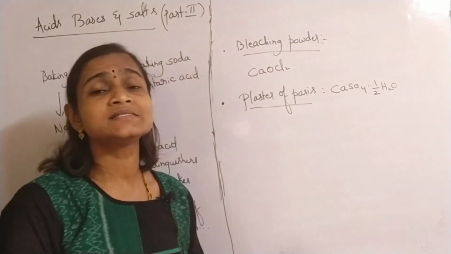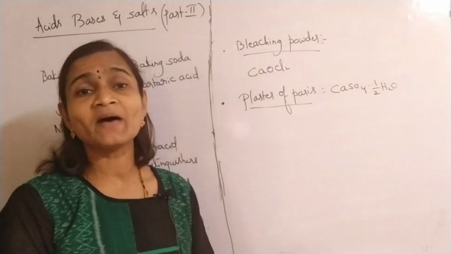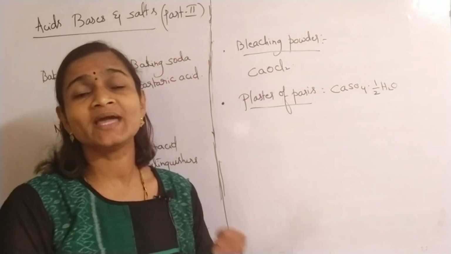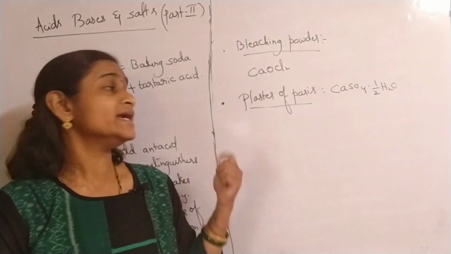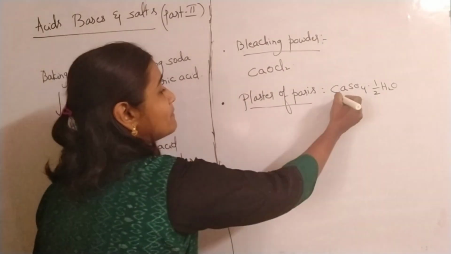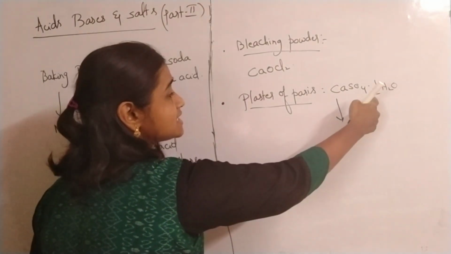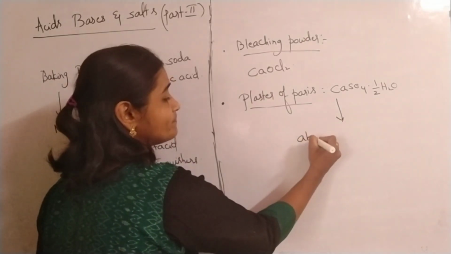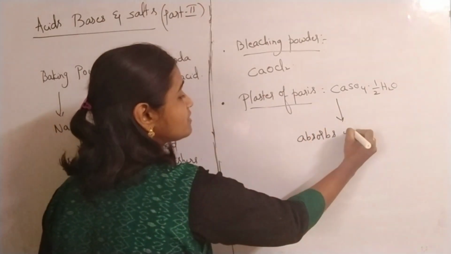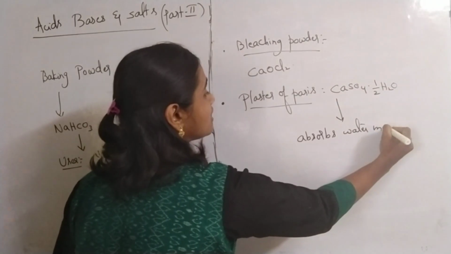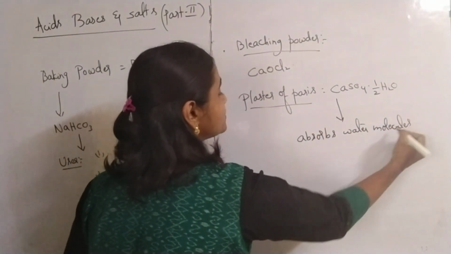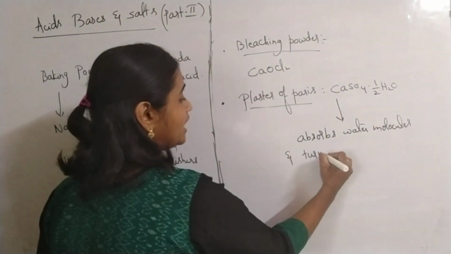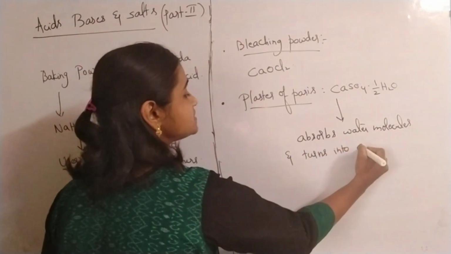One more thing: plaster of Paris has to be always kept in airtight containers. Why? Because it sets into a hard mass by absorbing water molecules. It is a salt of water of crystallization and absorbs water molecules from the atmosphere and turns into gypsum, a hard mass.